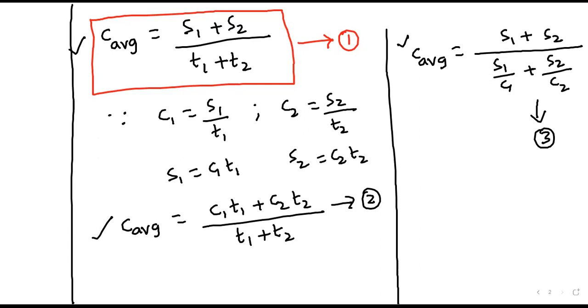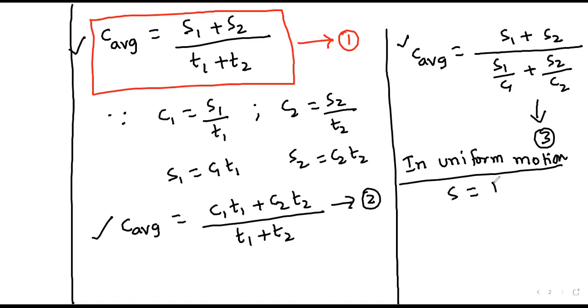So in uniform motion, what is meant by uniform motion? A particle travels equal distances in equal intervals of time. So that means S is equal to kT. In uniform motion, distance equals displacement.